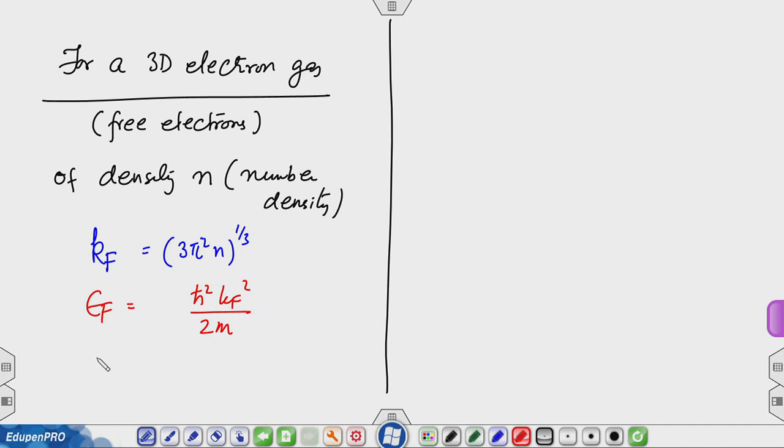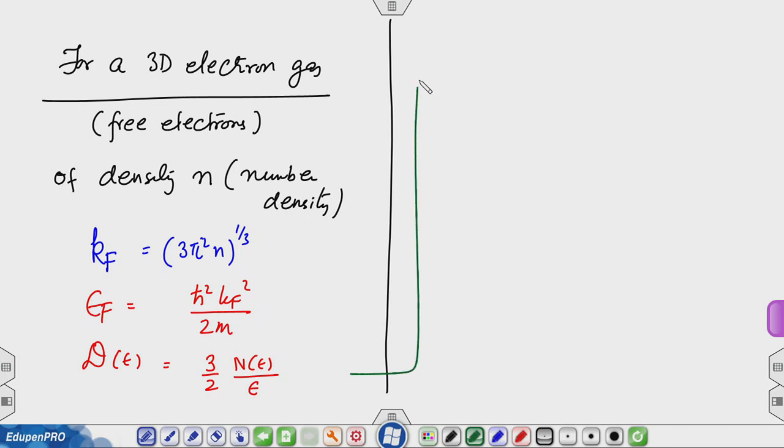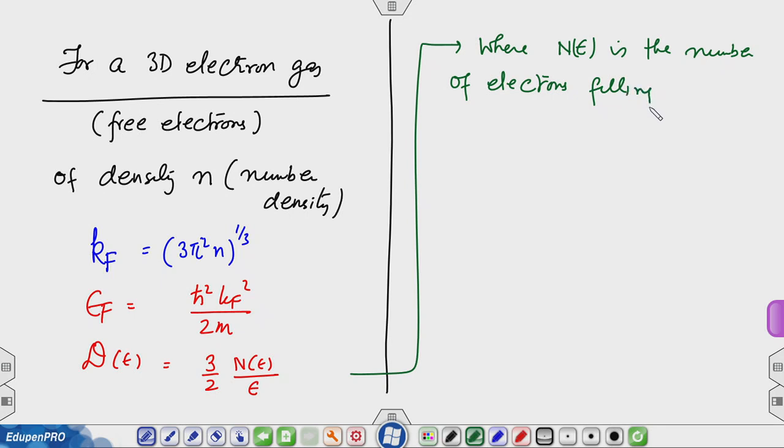And then we have the density of states per unit volume, which I can write as 3 by 2 N(epsilon) over epsilon, where N(epsilon) is the number of electrons filling levels up to energy epsilon.